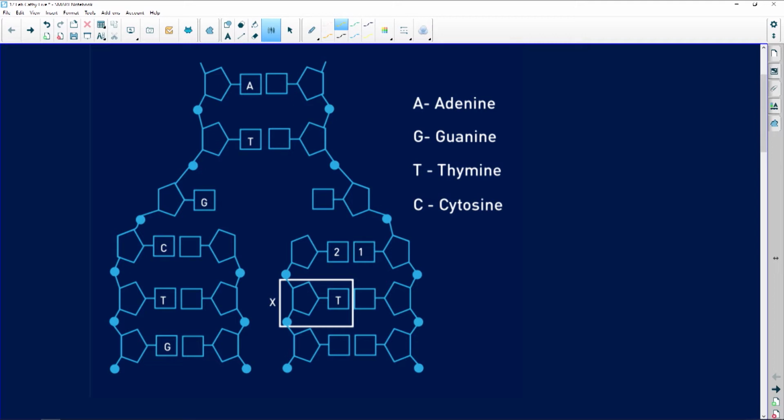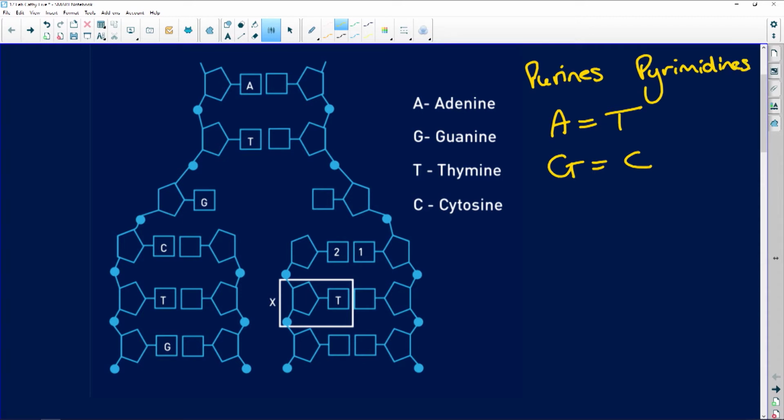All right, what have we got? They've given you A's for adenine, G for guanine, T for thymine, and C for cytosine. People, remember, you always have A to T and G to C. These are your purines, and these are your pyrimidines.